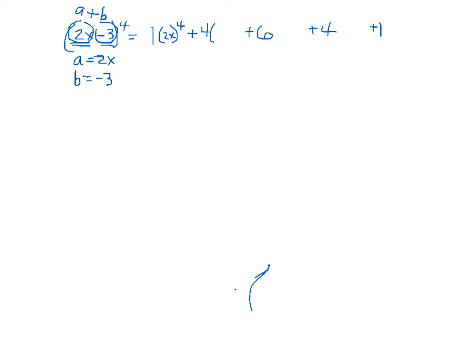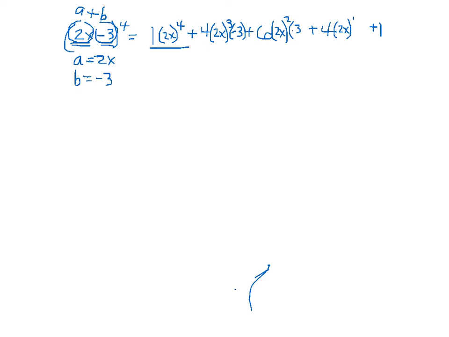The next term, we're going to have 2x to the third power. The next one will have 2x to the second power, then 2x to the first power, and then no 2x at all. And the second term will not appear in the first term, but we will get it once in the next term.